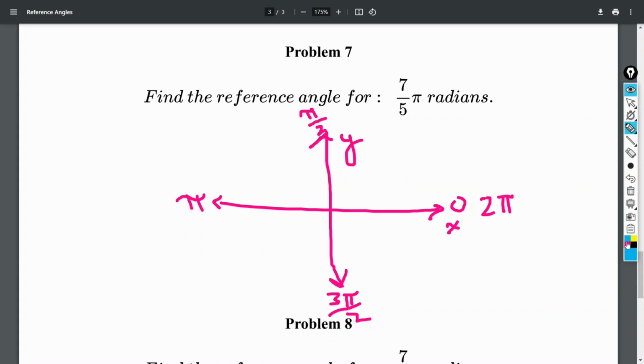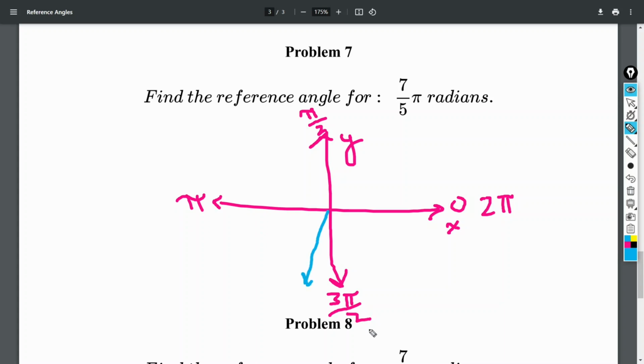So where is 7 pi over 5? Well, if I multiplied 2 by 2.5, I would get 5, and then I would have to multiply the top by 2.5, and that would give me 7.5. So we're close, but we're not quite to 3 pi halves.